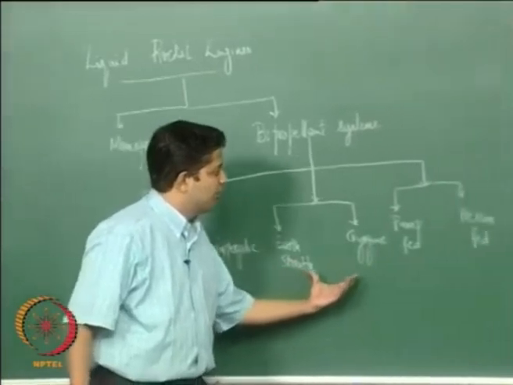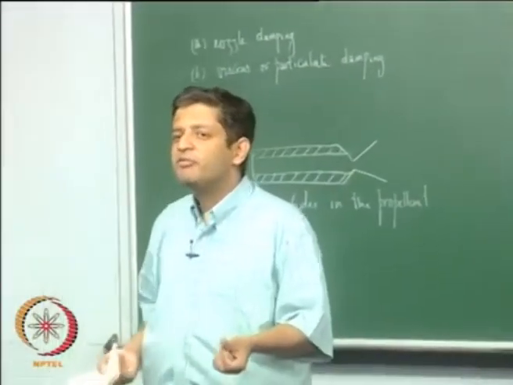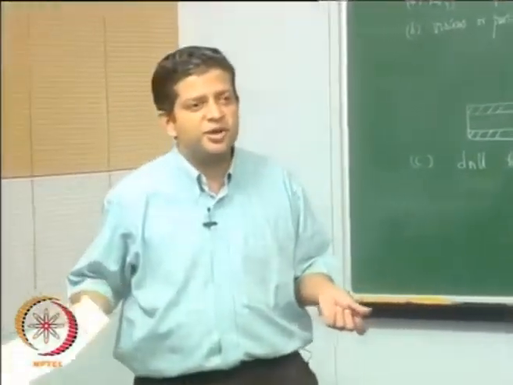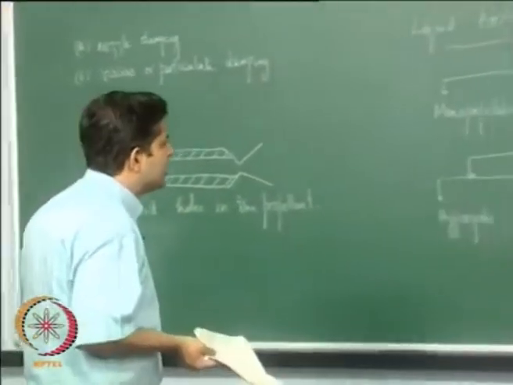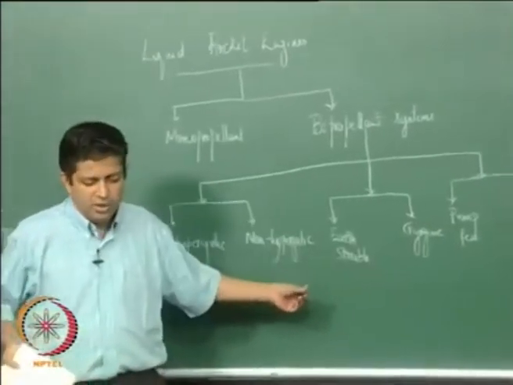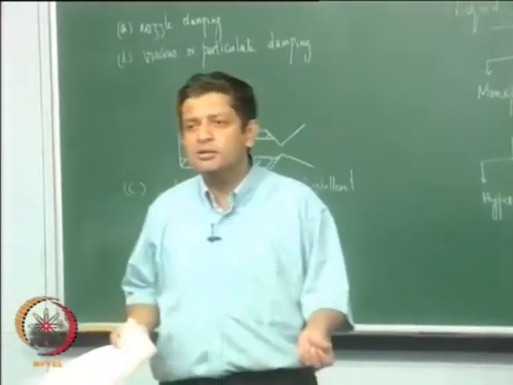And earth storable and cryogenic, the earth storable systems are those wherein the propellants can be stored under ambient conditions of pressure and temperature. Whereas if you look at cryogenic engines, they use typically hydrogen and oxygen, or kerosene and oxygen.